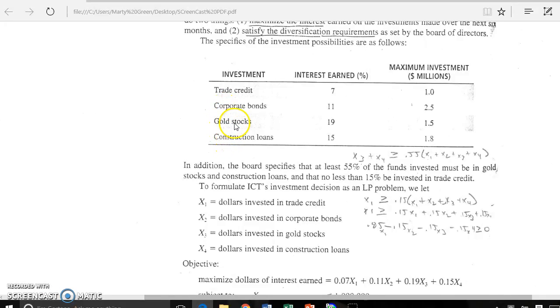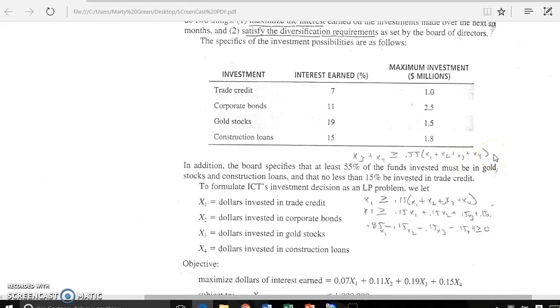So we've got to make sure for gold stocks, X3, and for construction loans, X4 has got to be greater than the others. And so we set up an algebraic equation. We've got our, again, X1, X2, X3, X4, but our X3 are gold stocks, and X4, our construction loans, have got to be greater than 0.55 times our X1, X2, X3, and X4.